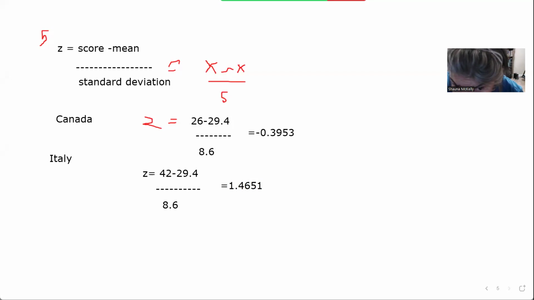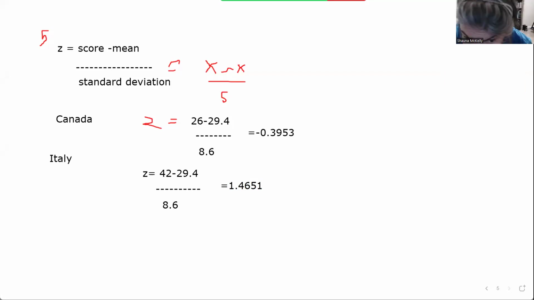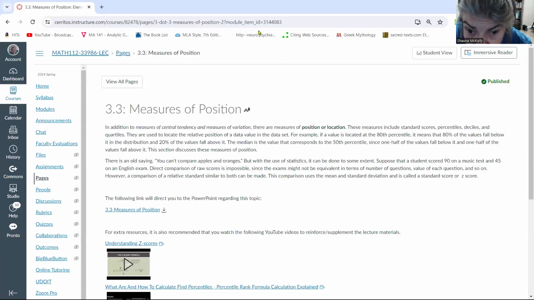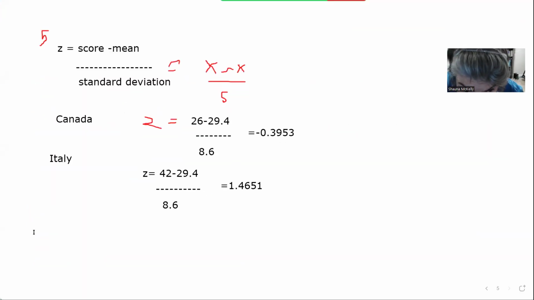In the United States, which is the last piece of this, the average vacation days are 13. Okay, 13. So 13 vacation days. Okay. So you have, oops, my apologies. 13.